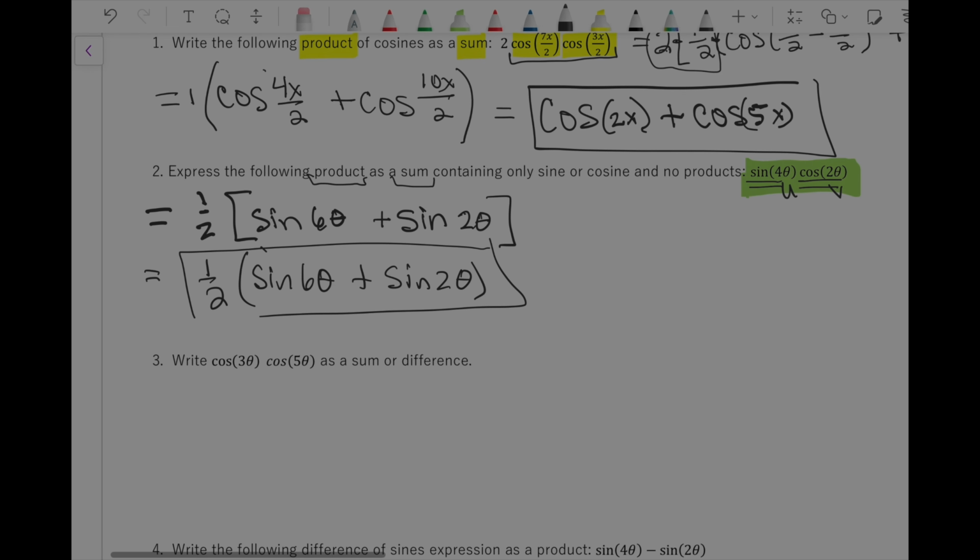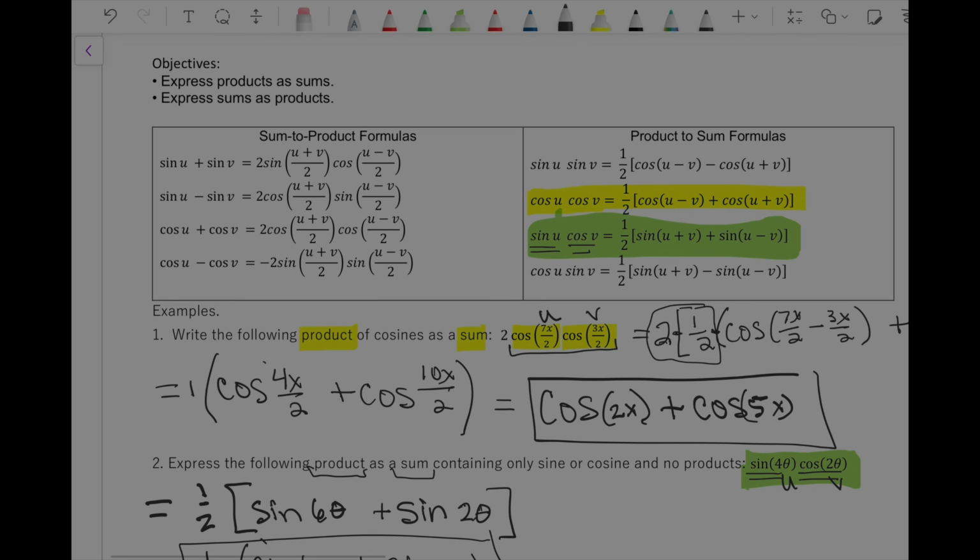Here it's a product and we want to write it as a sum. So again, a cosine times a cosine, product to a sum. We'll be using this yellow one again, okay?